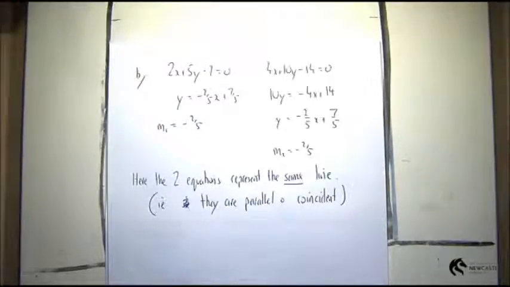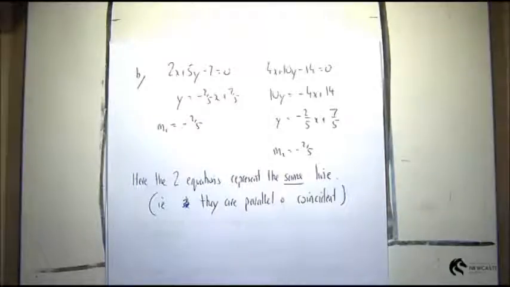And equations that represent the same line, if you look at them, will always be a constant multiple of each other. So for example, if I go back to this equation, if I multiplied everything by 2, here I would get 4x plus 10y minus 14 is equal to 0.